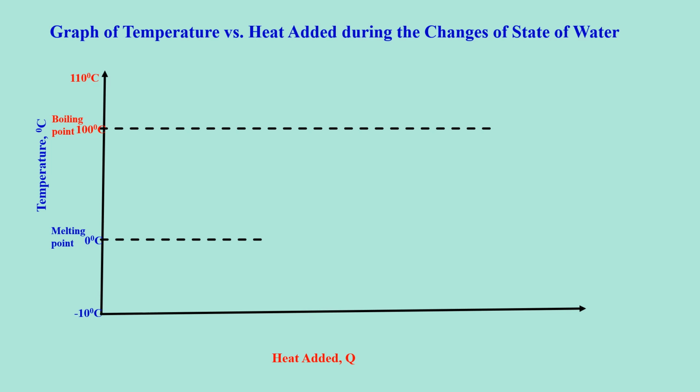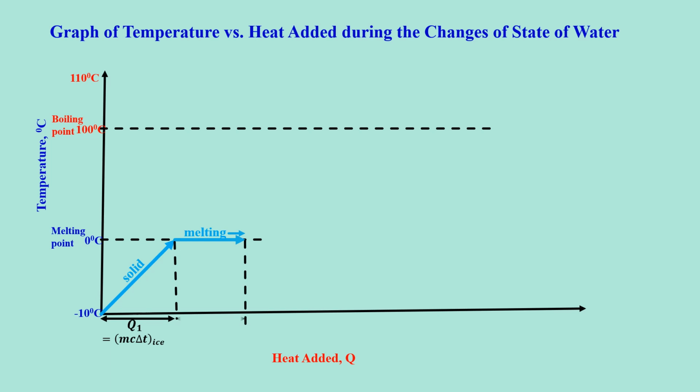So first, we need heat in order to bring the ice from minus 10 degrees Celsius to 0 degrees Celsius using this formula: Q sub 1 equals m times c times delta T of ice. In order to melt all the ice, that is from ice at 0 to liquid at 0, we need this amount of heat.